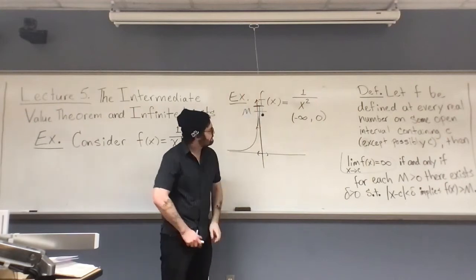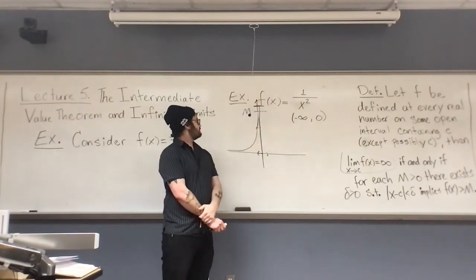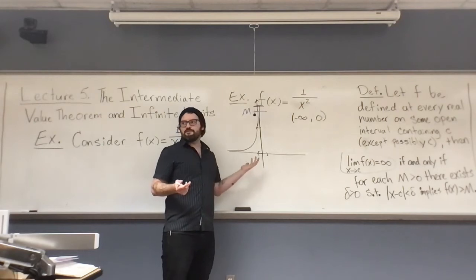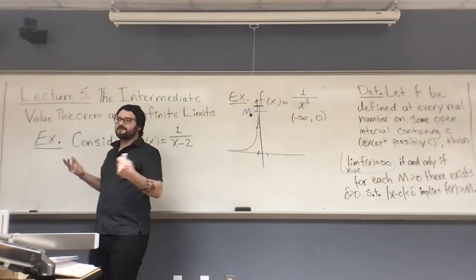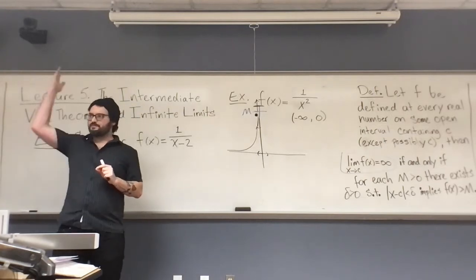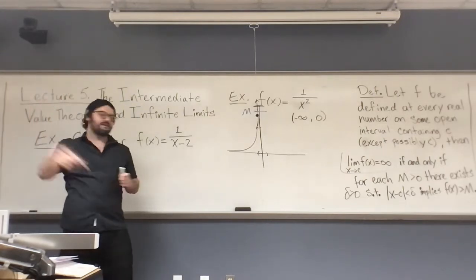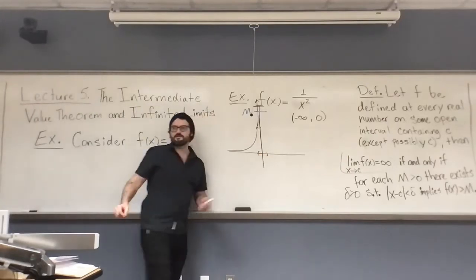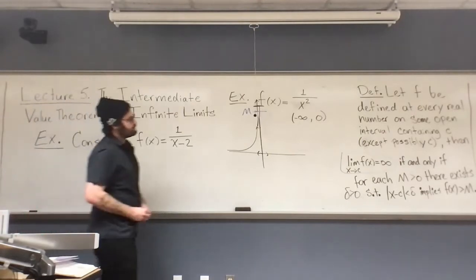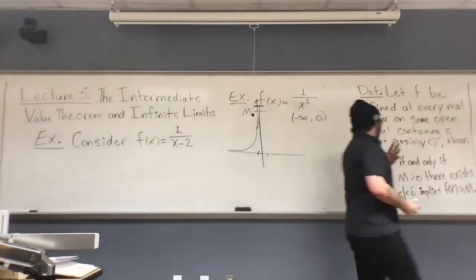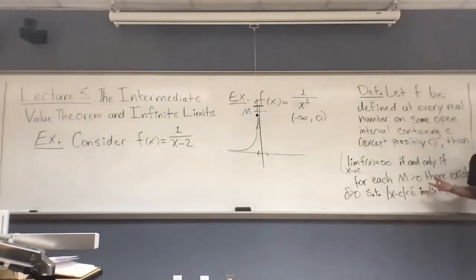Which means that no matter what m we picked that was positive, we could always find an x that gets shot above it for any x in that small interval around c. Okay. So this is what it means for the function to go to infinity.